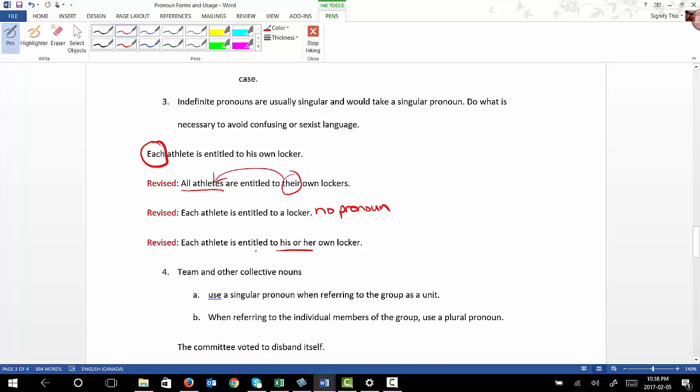So the thing is, if you're writing a paragraph and you start off with a singular subject, you're going to have to say his or her throughout the entire paragraph. And that starts to sound really, really wordy. So your best bet is to do this one. Make your subject plural.